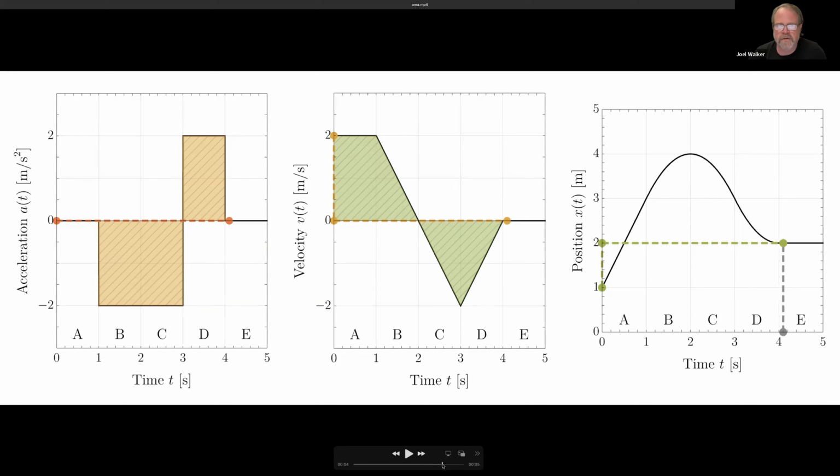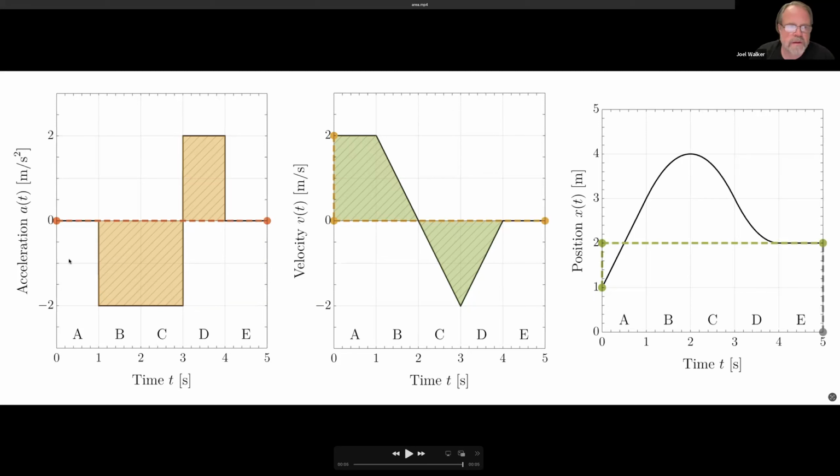In the last interval, we're sitting still at a fixed position with a fixed velocity and a 0 acceleration. 0 velocity, 0 acceleration, fixed position. No further changes to the area under the acceleration graph. No further updates to the velocity.